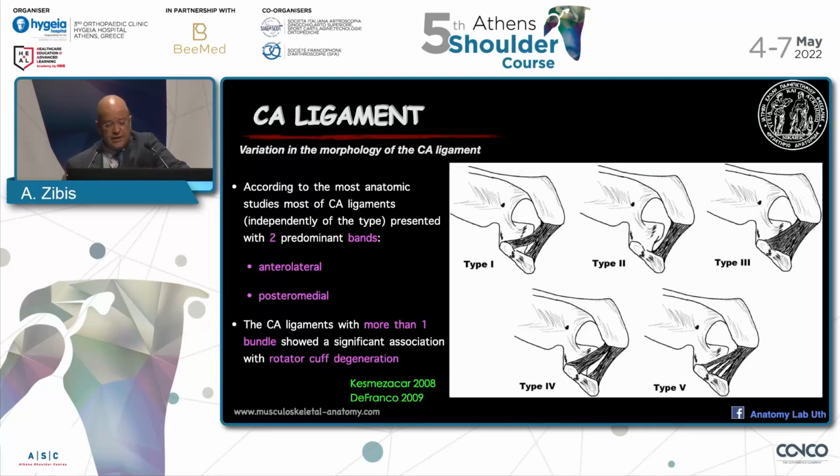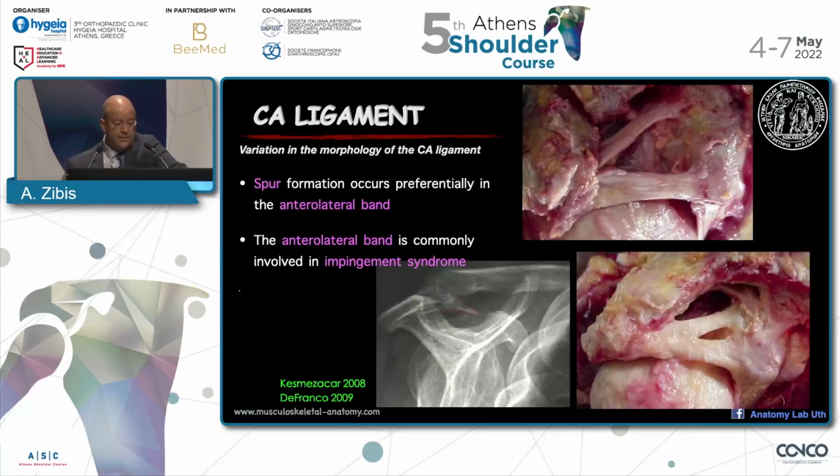We have different types of CA ligament, but most studies conclude that all CA ligaments present with two predominant bands, anterolateral and posteromedial. The spur is more often in the anterolateral band, especially under the acromion.